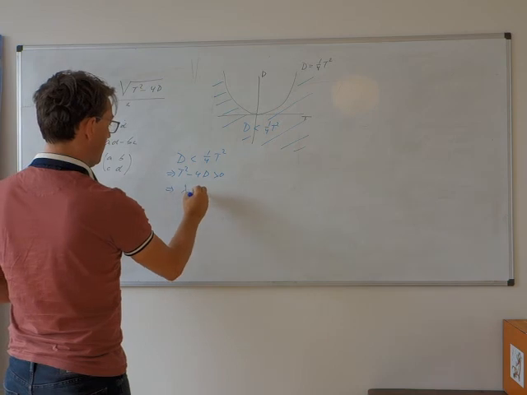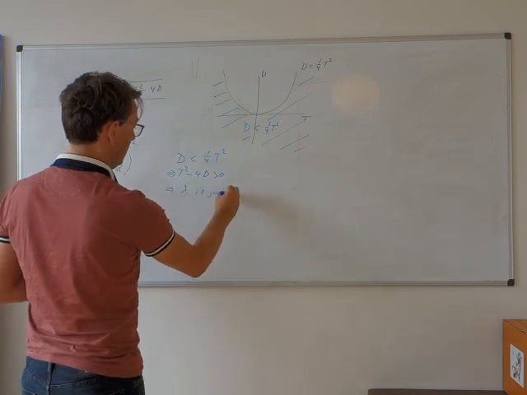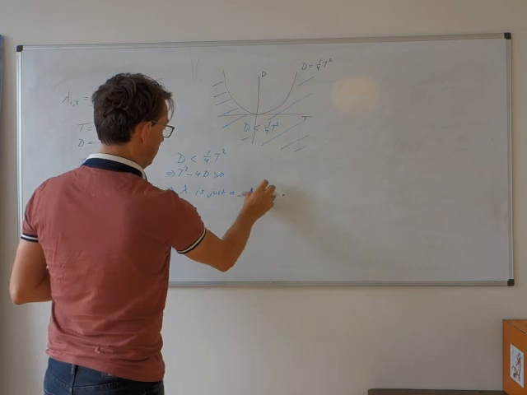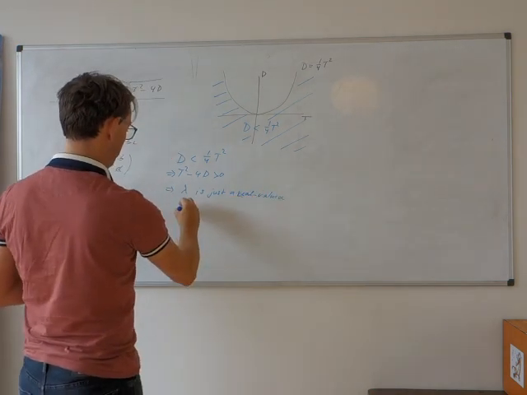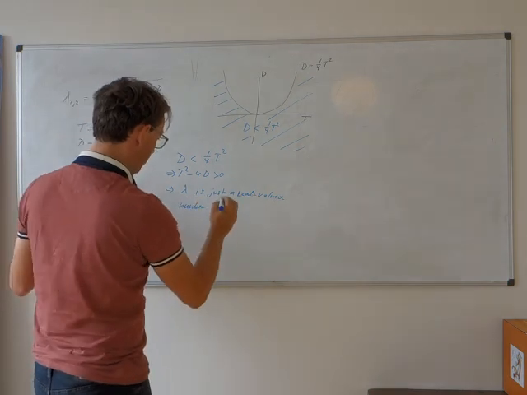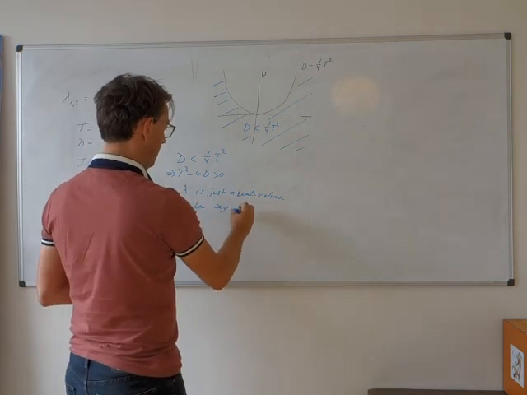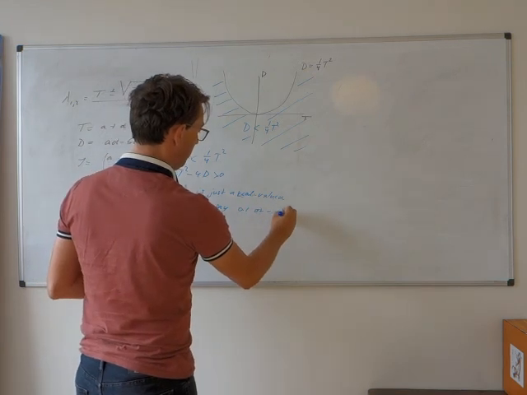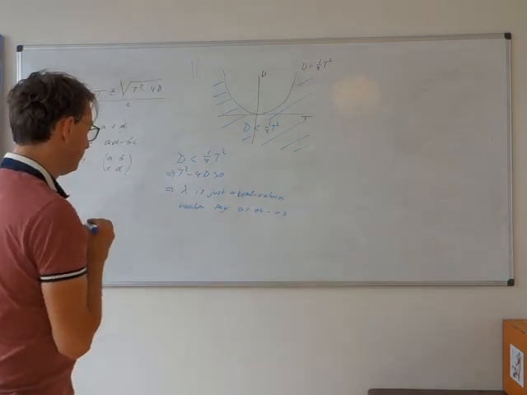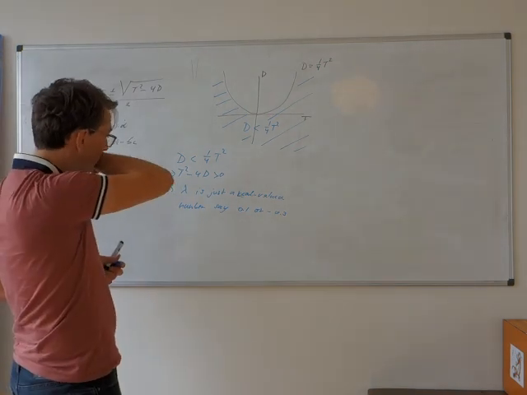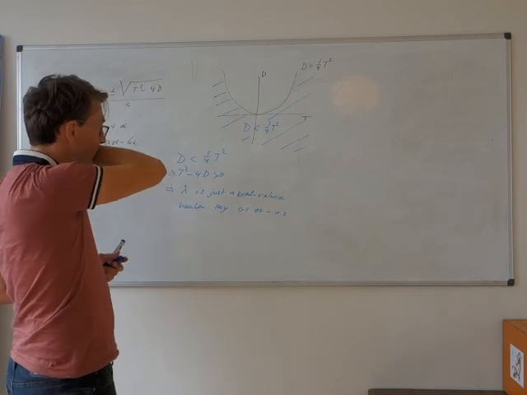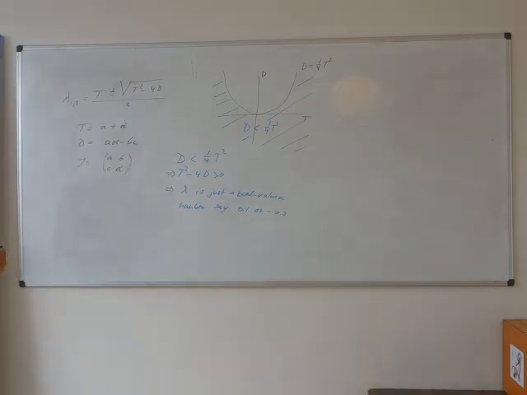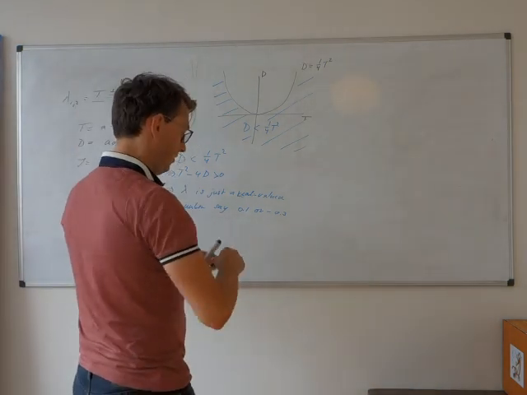Then lambda is just a real valued number. Okay, say 0.1 or minus 0.3. So that's the case that you get then.